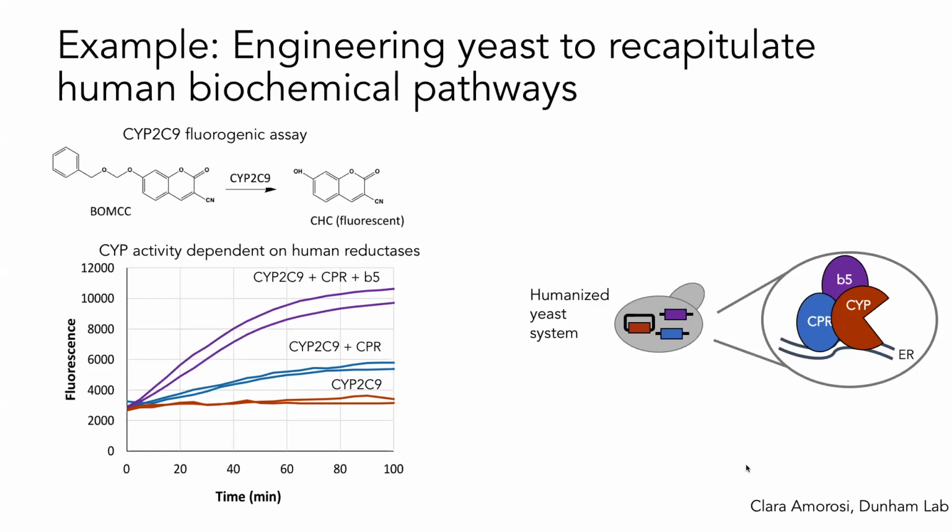It makes sense because in human cells, CYP2C9 activity requires the function of two other human proteins, B5 and CPR, for full activity. When she humanized her yeast system by expressing these other human protein factors, as you can see on the graph to the left, she was able to recapitulate a really nice activity of CYP2C9.